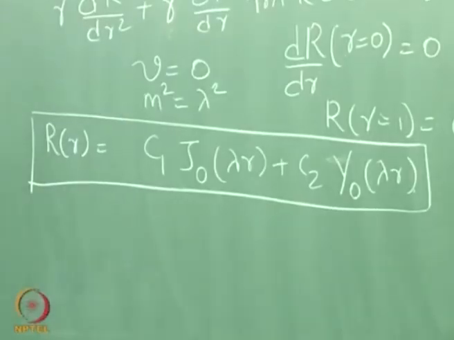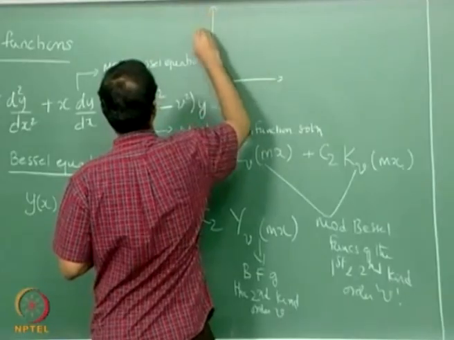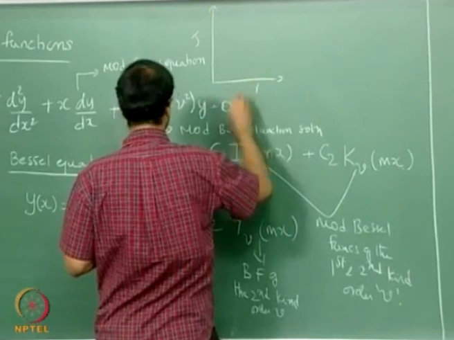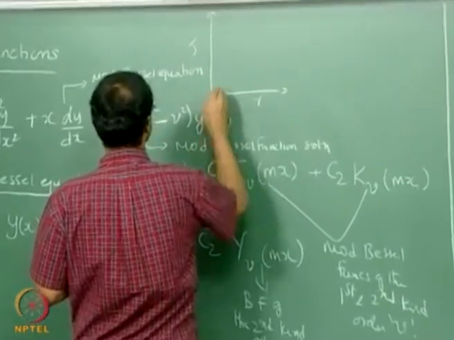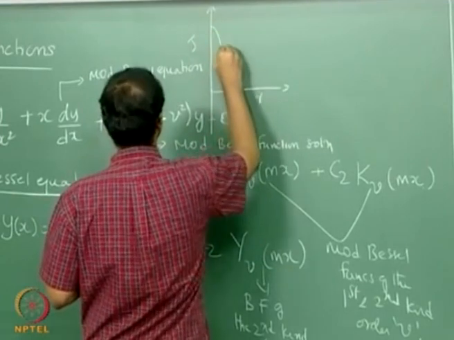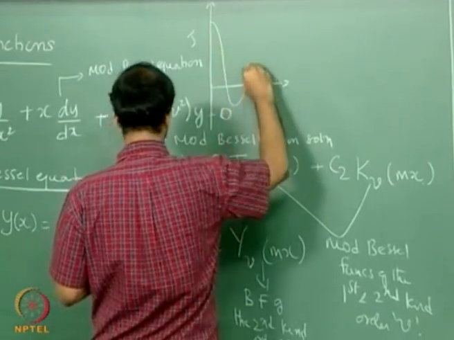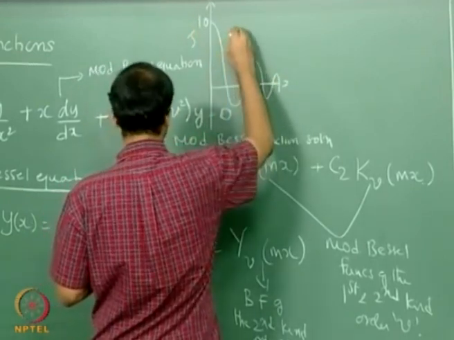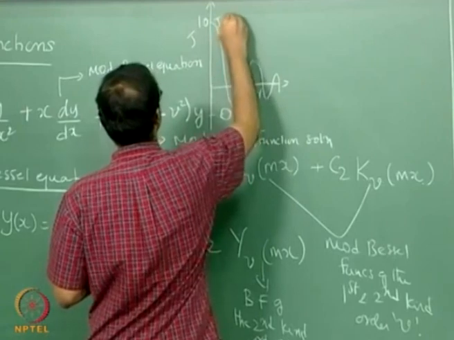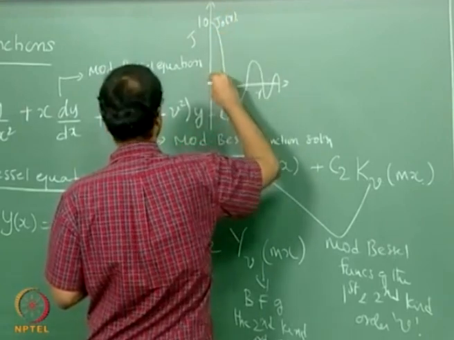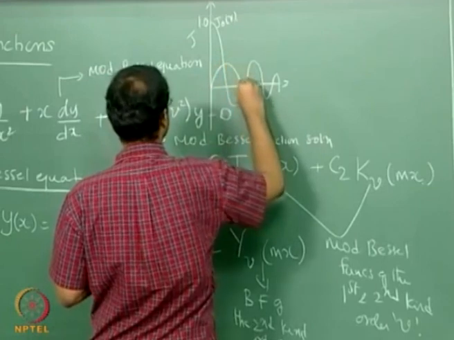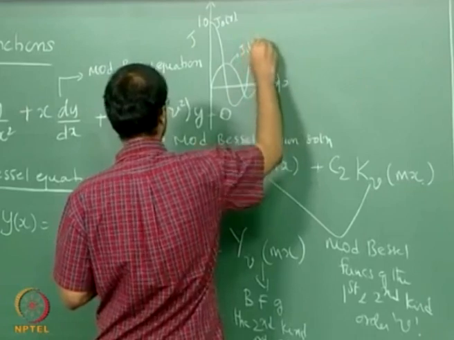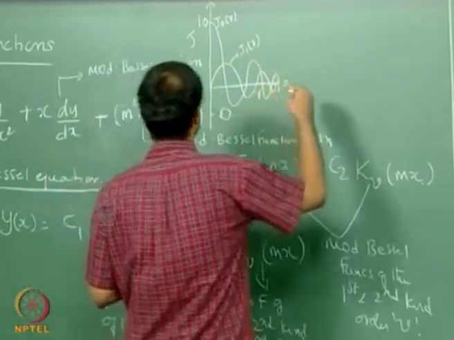So if you draw the Bessel function J as a function of your x or r, it will start from 1, and so this is your J0 of r, and J1 will have a behavior like this, and J2 will have another behavior.